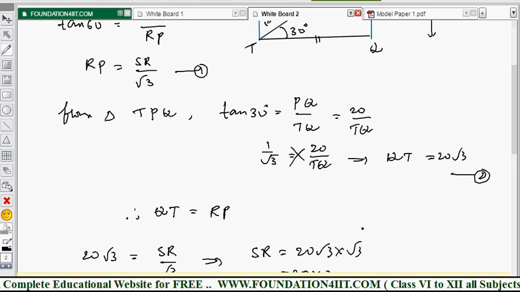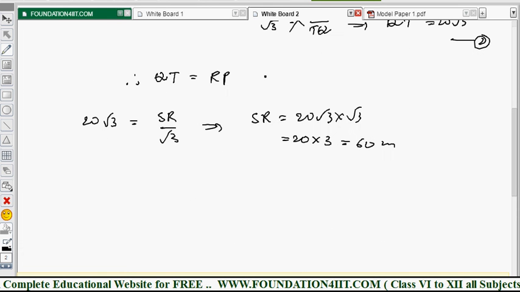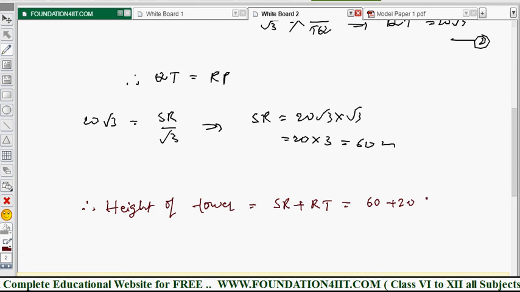Now the total height of the tower is adding that 60 plus 20. Height of the tower is equal to SR plus RT, the total height of the tower. One is 60 which we got, and 20 is given. That is 80 meters, right?